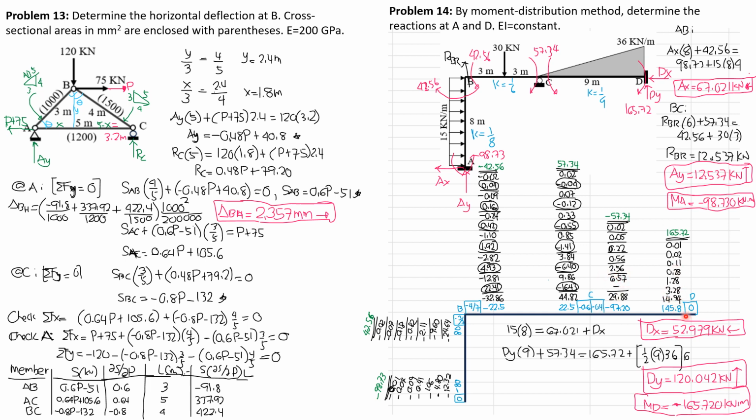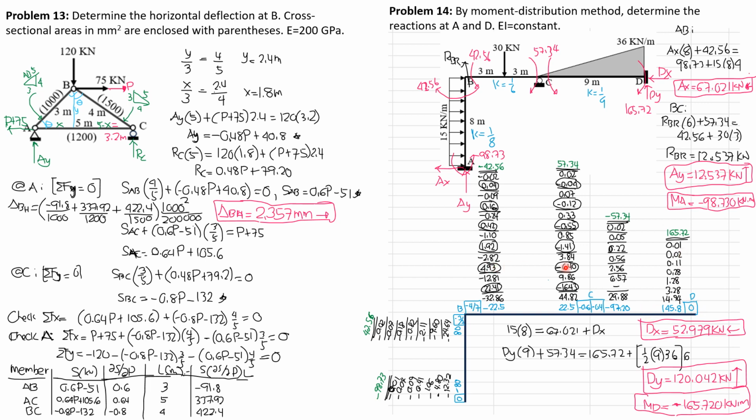Then no moment here to be distributed. Next is carry over. Half of negative 9.6 is negative 4.8. Half of 9.86 is 4.93. Half of negative 12.81, negative 6.4. Then half of 2.56 is 1.28. No moment shall be carried over here. The distribution factor is 0.